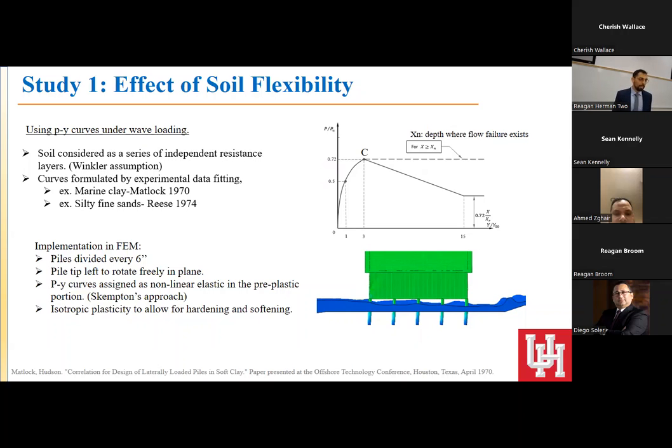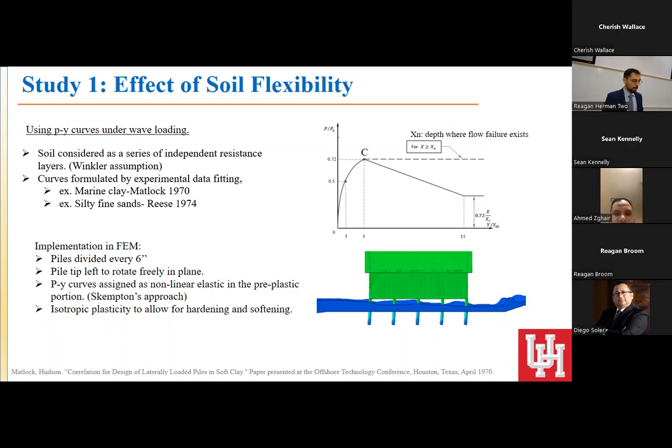Okay, so basically, to understand the PY springs and how they behave, those curves were generated for static and cyclic loading. However, when we talk about cyclic loading, we mean at a quasi-static level. There was no dynamic effects inserted. So how can we implement PY springs into a heavily dynamic analysis, wave loading, when they come from quasi-static experimental data?